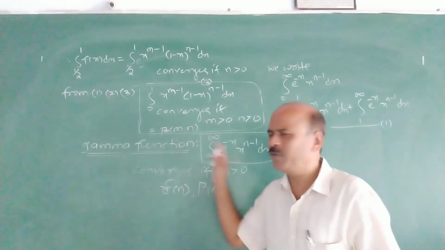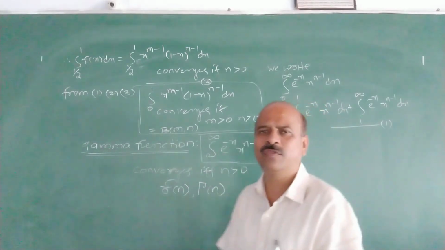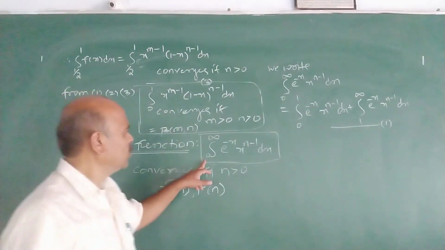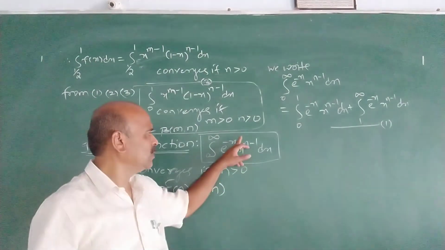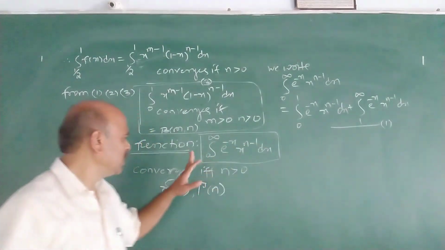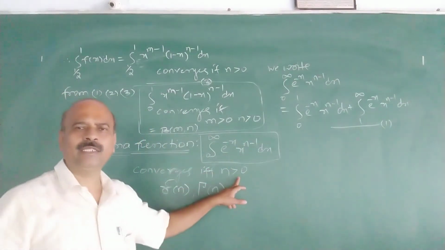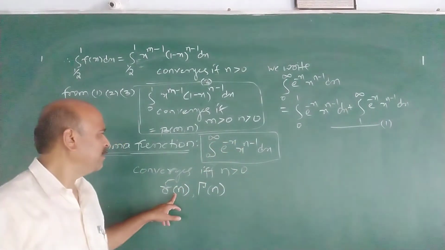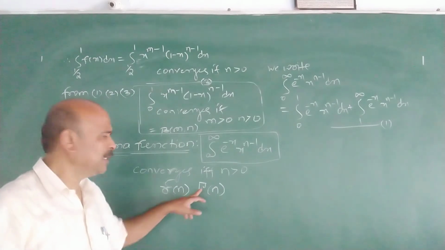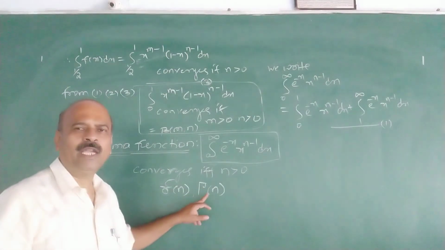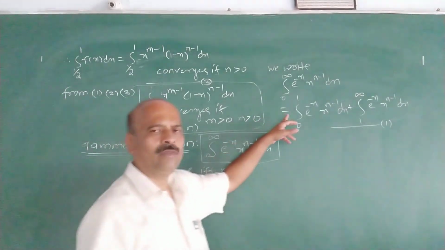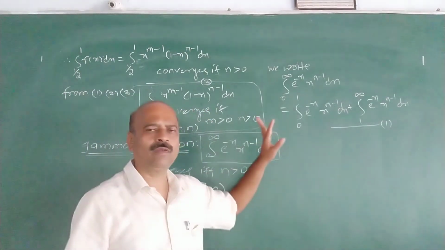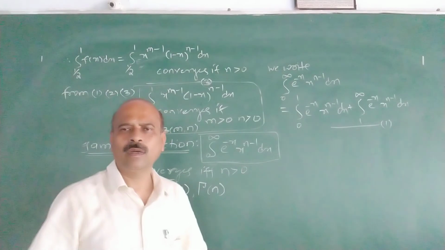What is the definition of the gamma function? The integral from 0 to infinity of e raised to minus x, x raised to n minus 1 dx converges if and only if n is greater than 0, and it will be a function of n, denoted by gamma n. Let us discuss the convergence in the next video. Okay, thank you.